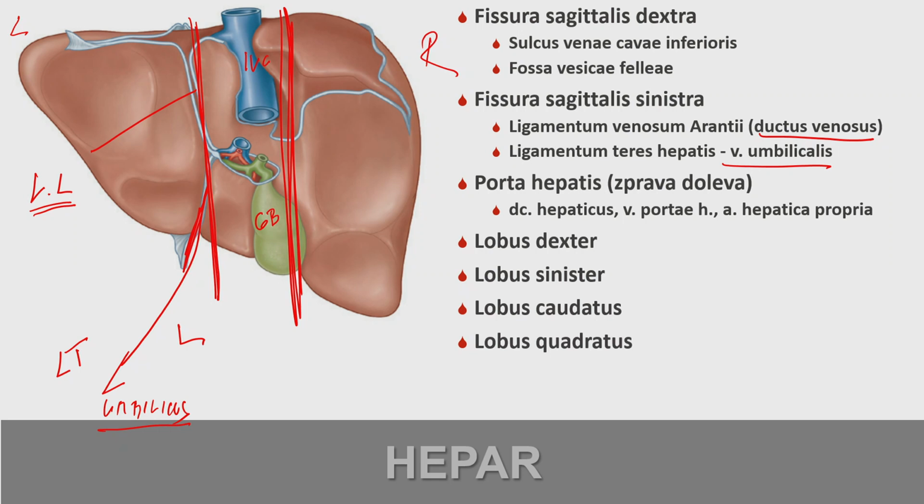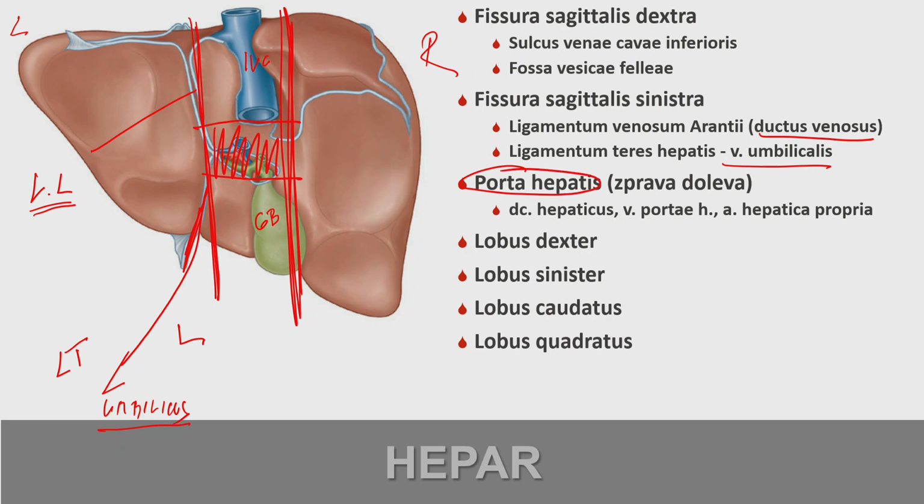So in a central part we have some bridge, so those grooves form an H letter, and the transversal bridge of H is the porta hepatis.